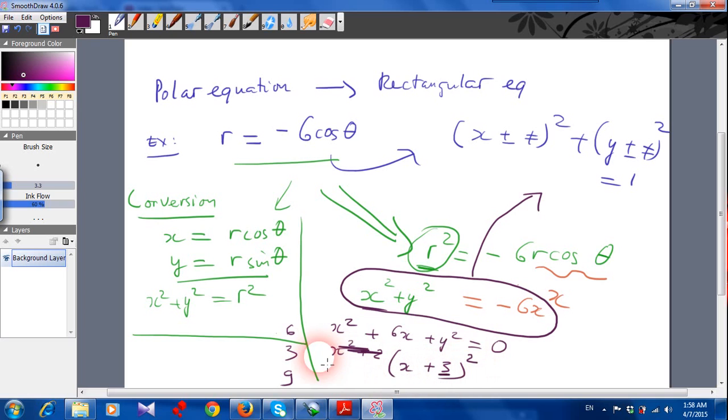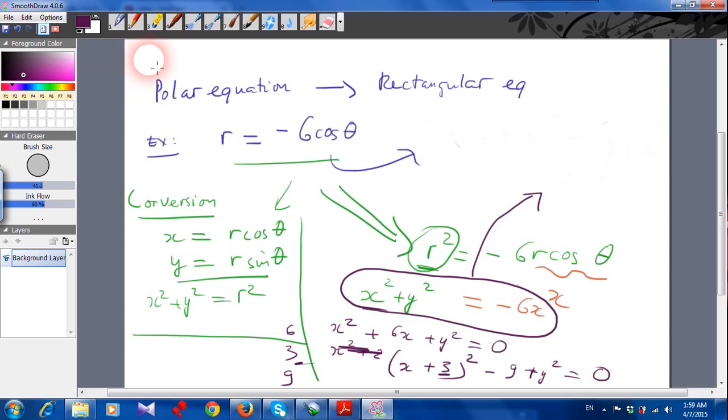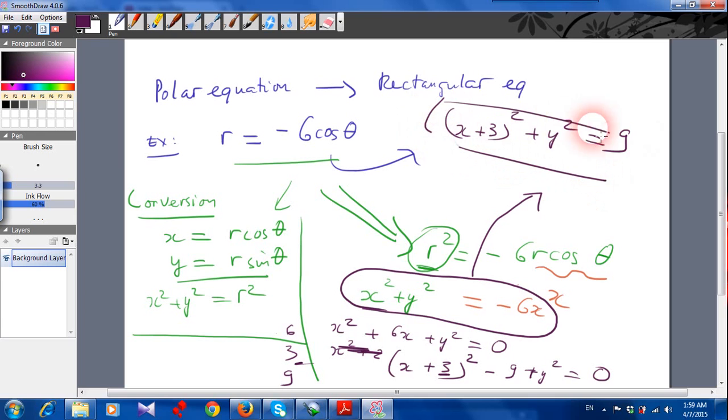Square 3 here plus 9, so we need to subtract 9, plus y² is 0. And we have (x + 3)² + y² = 9. So that's a rectangular equation.